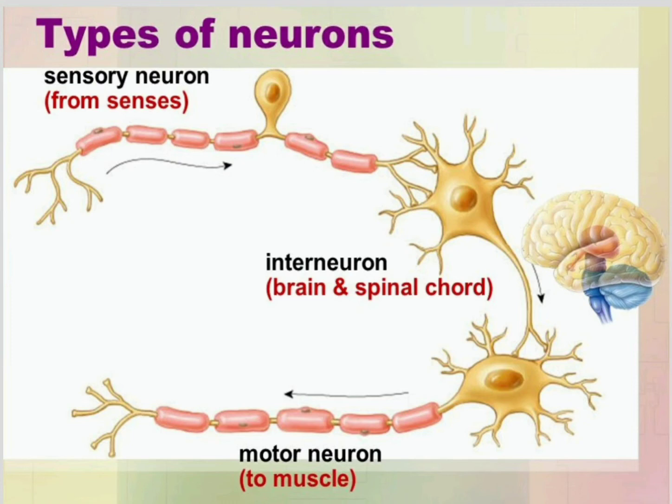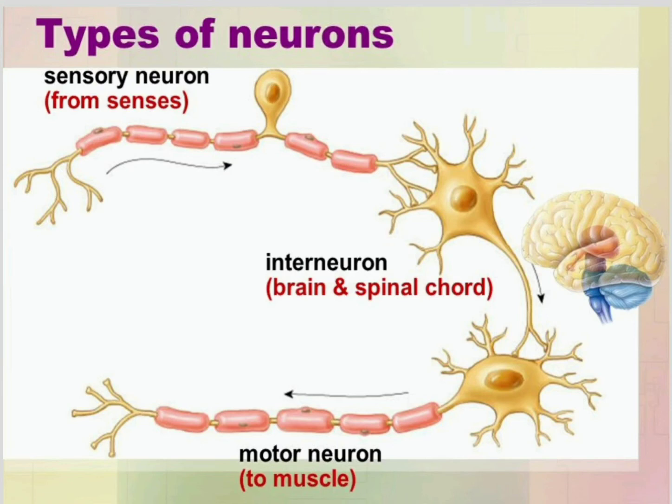So the neurons which are present in your brain are your association neurons or the interneurons. Then your brain processes that message and sends the message to your hands to remove that pointed thing from your leg. So the neurons which are present in the muscles of your hand are the motor neurons.